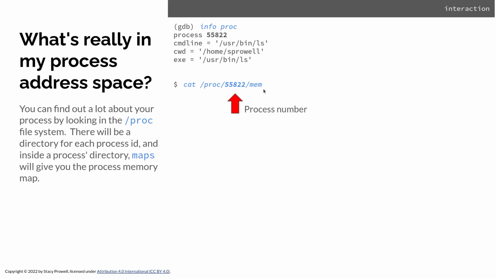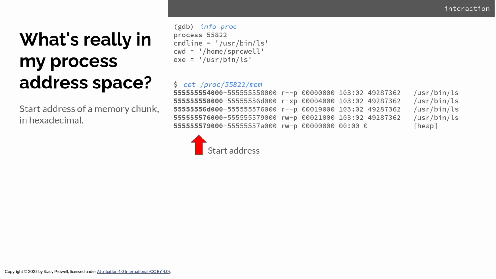And that will let us take a look at the process's memory map in a little bit different way. Instead of showing us all those little sections and how they got mapped, we'll see the different memory chunks that have been allocated. We'll see their permissions as well. So when we do that, we see the start address at the beginning and the end address, and those are virtual addresses.